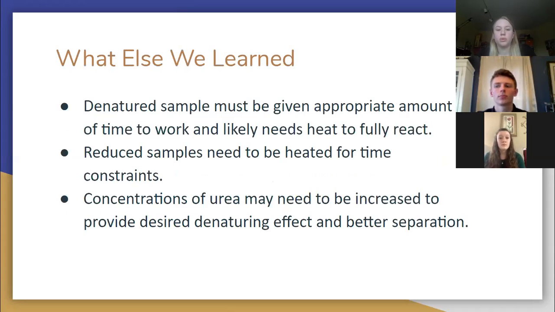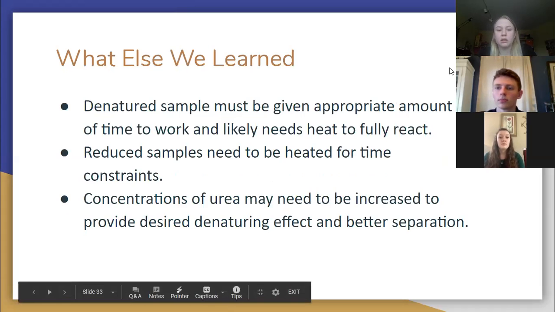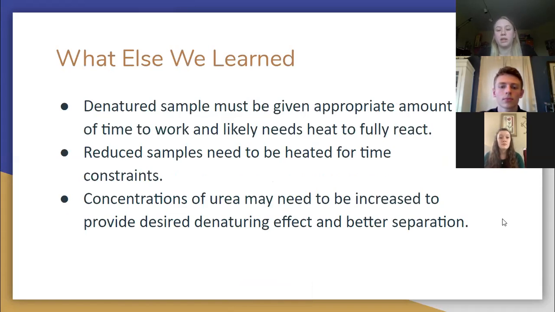What else we learned? We learned that the denatured sample must be given the appropriate amount of time to work and most likely needs heat to fully react. Reduced samples need to be heated for time constraints, and the concentrations of urea may need to be increased to provide desired denaturing effect and better separation.